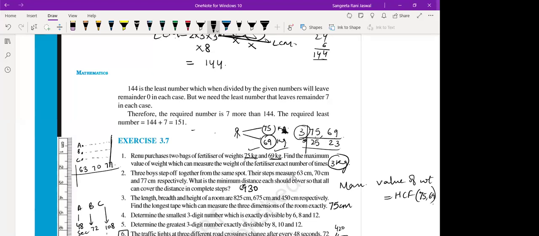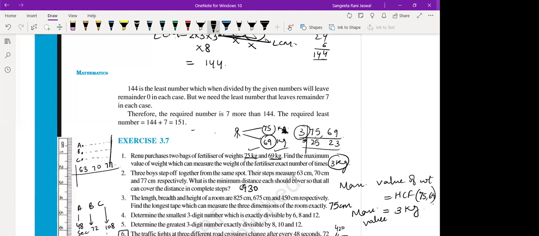Right? Then you find the HCF of the two numbers. So you get maximum value is equal to 3 kg. Okay?